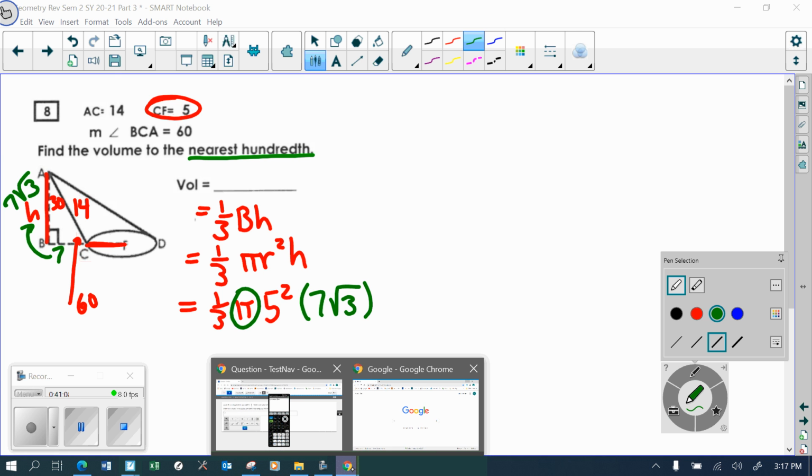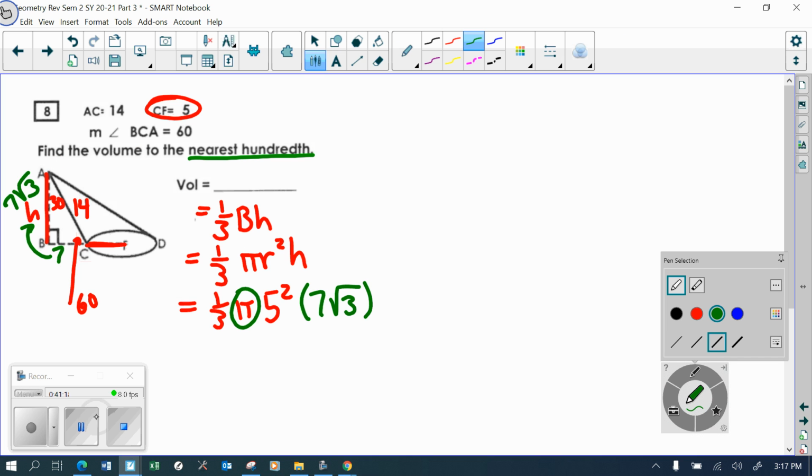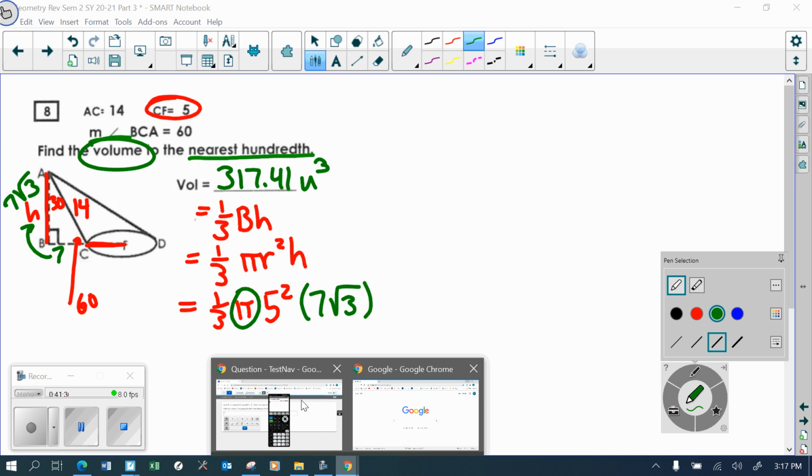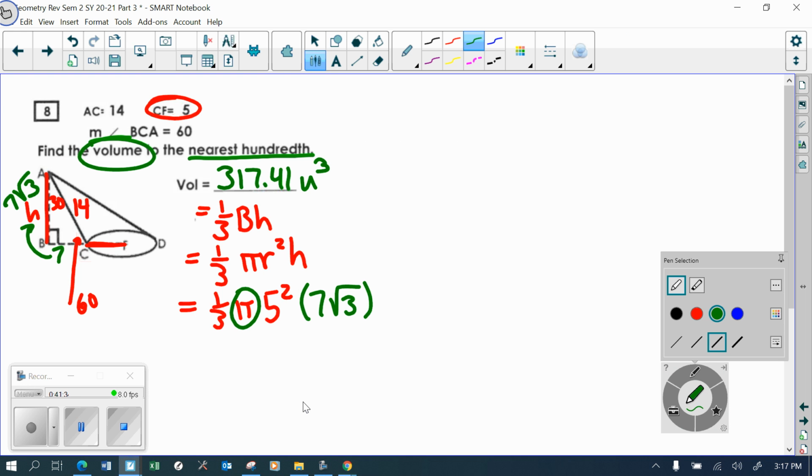Yes, I did. Okay, and I hit enter. 317.41, because we're going to the nearest hundredth. 317.41 cubic inch units, because volume, so it's cubed. Let's make sure I said that. 317.41, yes. Okay, so there's my answer.